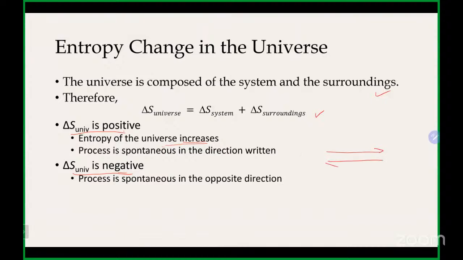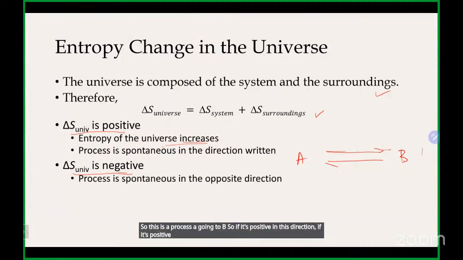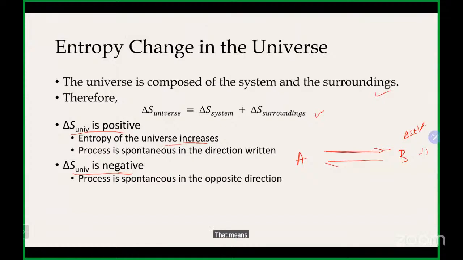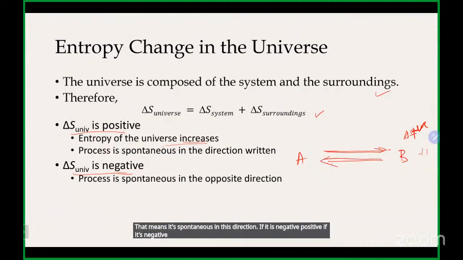So this is a process A going to B. If delta S is positive, that means it's spontaneous in this direction. If it's negative, delta S, the process is spontaneous in the other direction.